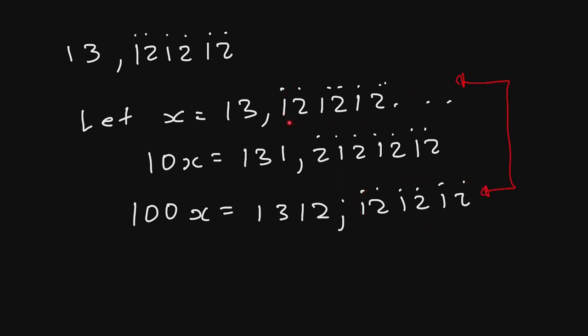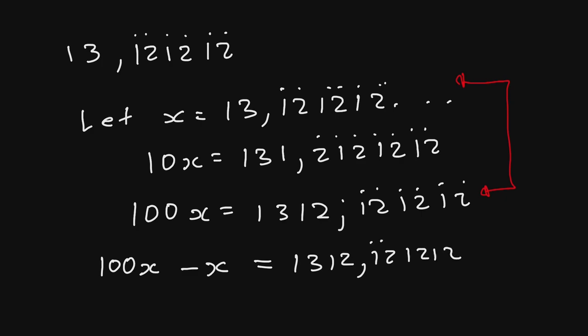So now, if this is the case, we can say 100x minus x. And therefore, this will give us 1312.121212 minus 13.1212, moving on like that to infinity.